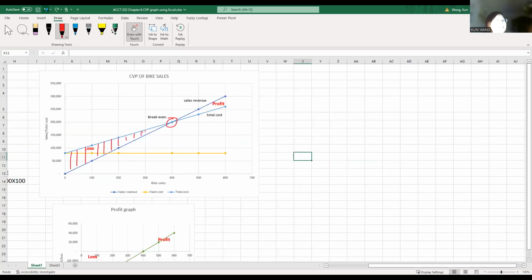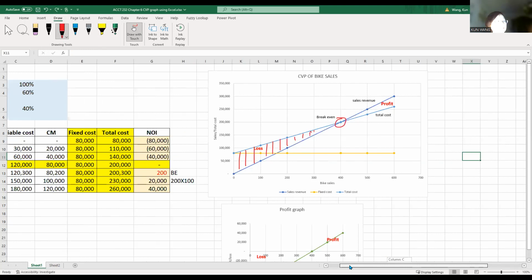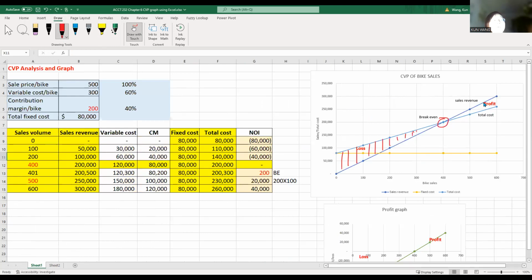And after that, the sales revenue, you can see, is higher because that's your sales price per unit, like the slope. So slope represents your unit price and your unit cost.